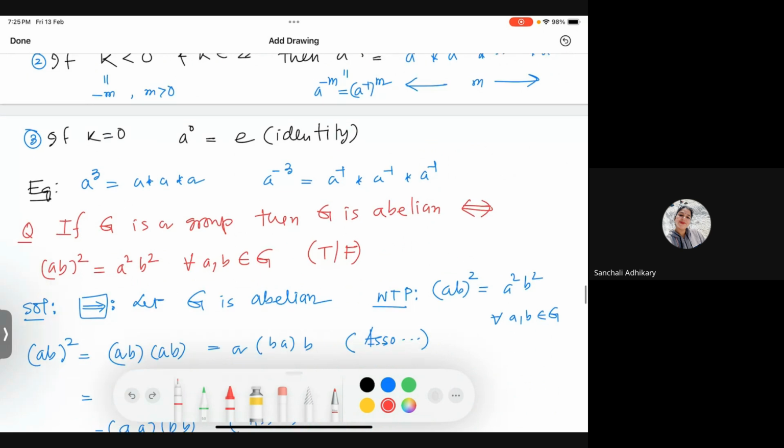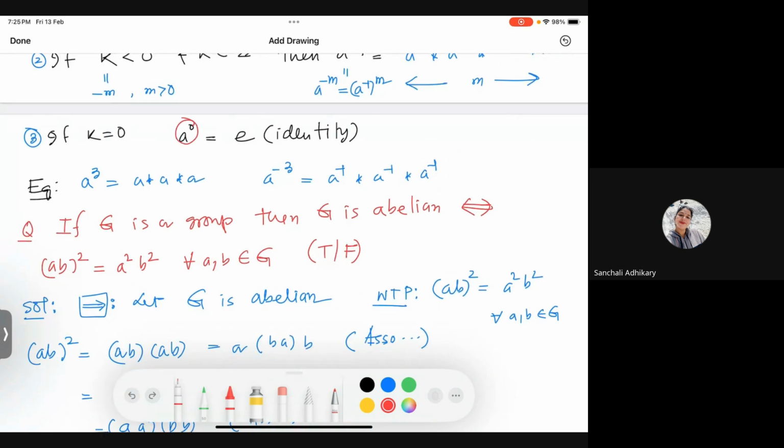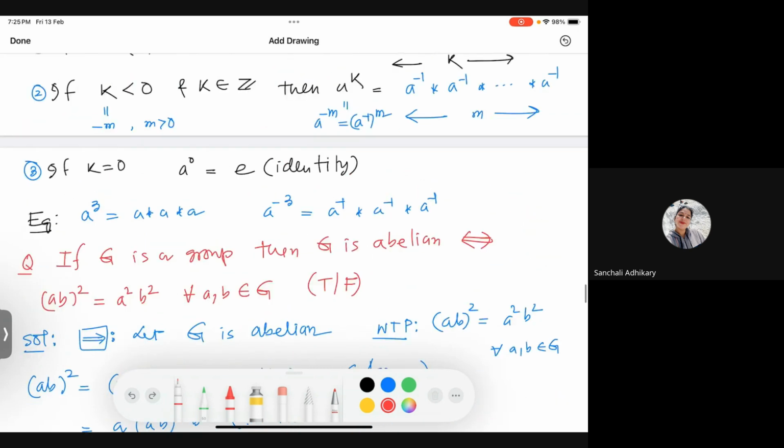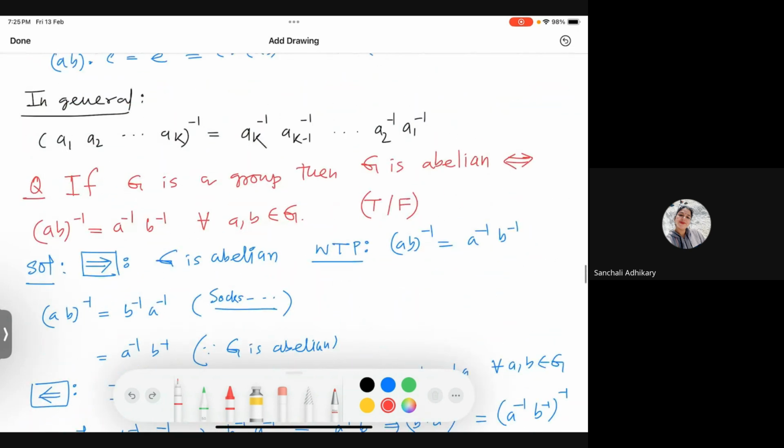What is the meaning of A to the power 0? It means identity. A cube means A star A star A. A to the power minus 3 means A inverse star A inverse star A inverse.